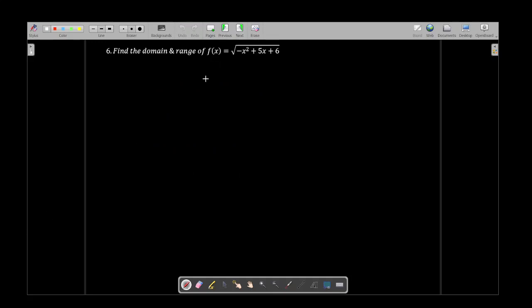So now this is an interesting problem. This is a down-looking curve like this. Let us check the roots of this. The function is minus x square plus 5x plus 6. You can check whether the roots exist or not.